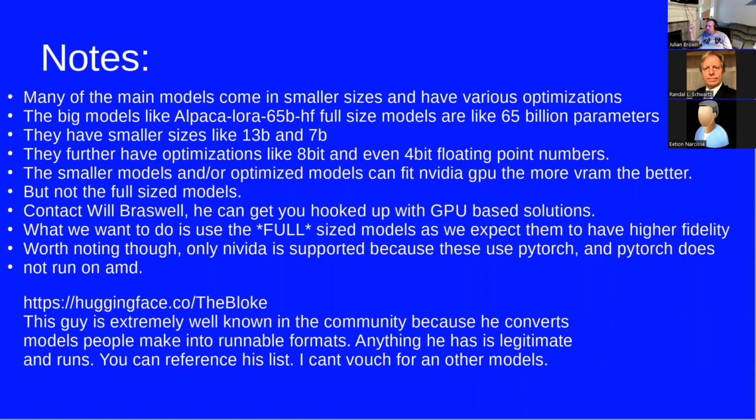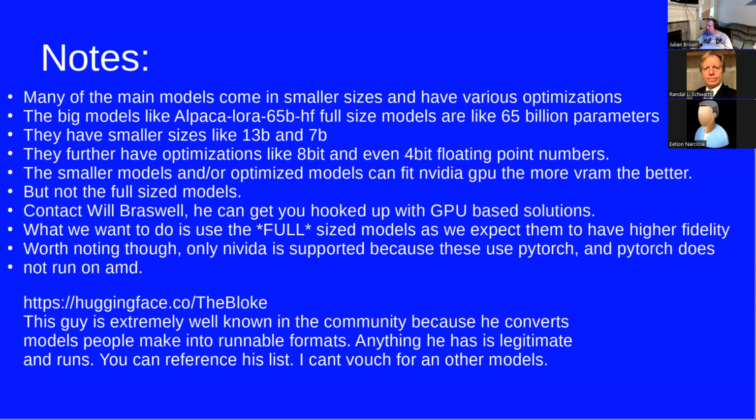Typically, the ones you can fit in a GPU are the 13 or 7 billion ones. The big ones like the 65 billion, you would not be able to run on that. With further optimizations, using 8 or 4-bit instead of 32-bit, you reduce the memory size so you can perhaps fit it into a GPU on your computer.